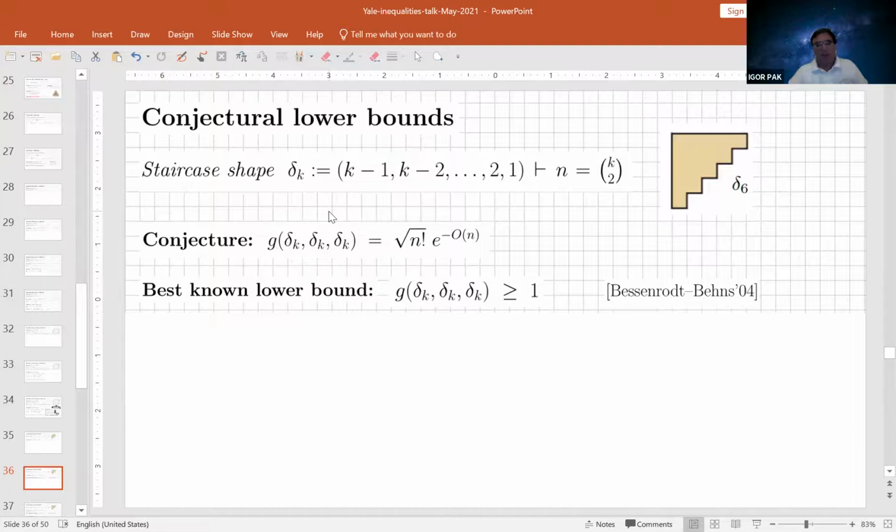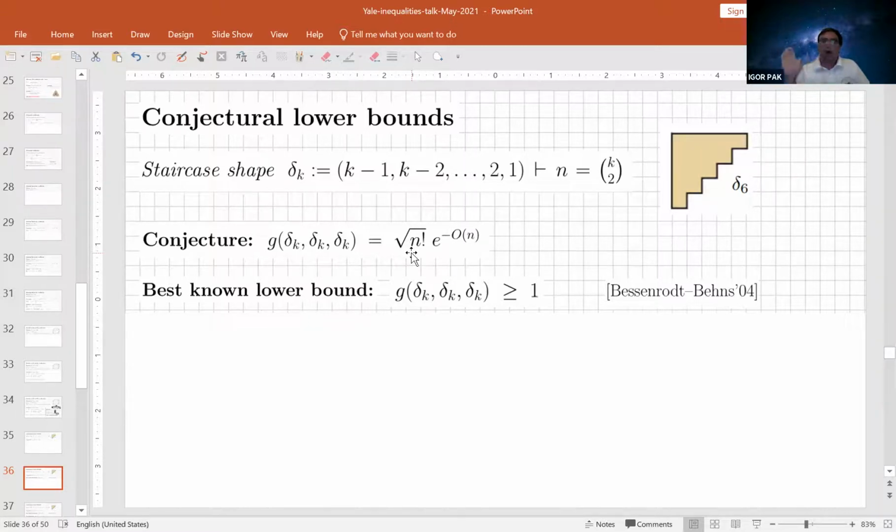So let me just tell you how embarrassing this field is. This is a field in which I go to conferences. I wouldn't say that this is my main field. So take a staircase shape, just this nice triangular shape over there. And the conjecture would be that the Kronecker coefficients in this case are really large, just about square root of n factorial, almost the same as if this were a maximal dimensional representation.